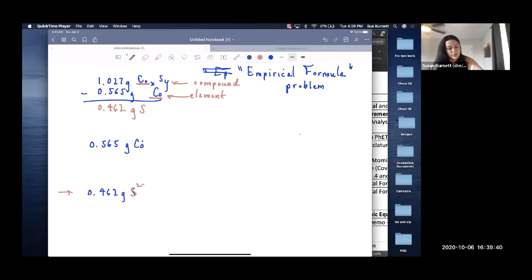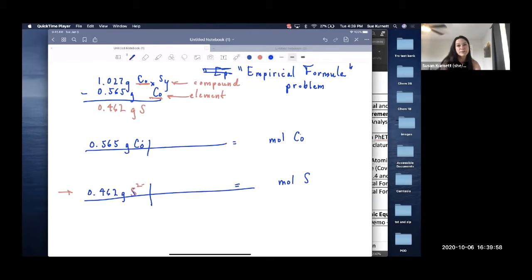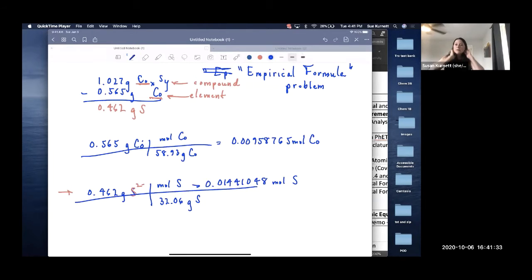Okay, and then we go through a process where we change the grams of cobalt to moles of cobalt, and the grams of sulfur to moles of sulfur, and then we make a ratio. So once I have my moles of each element separately and in a monatomic form, one atom form, I look to see which number is larger.